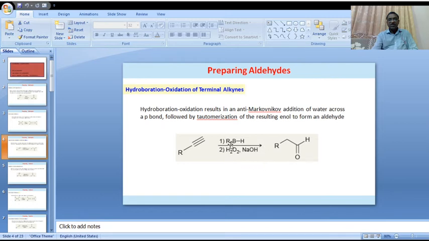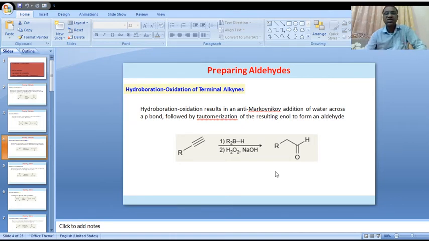The intermediate is an enol structure, for example vinyl alcohol or allyl alcohol. The enol compound is formed as an intermediate.